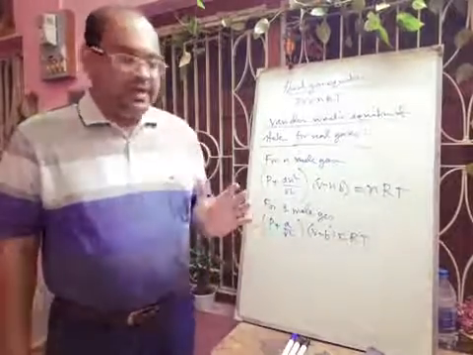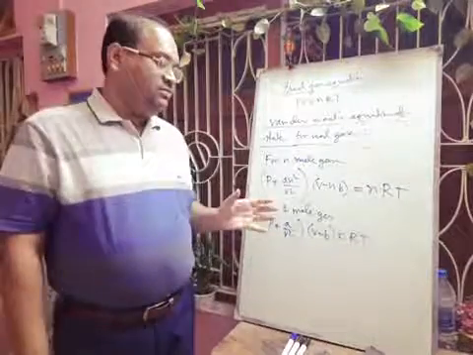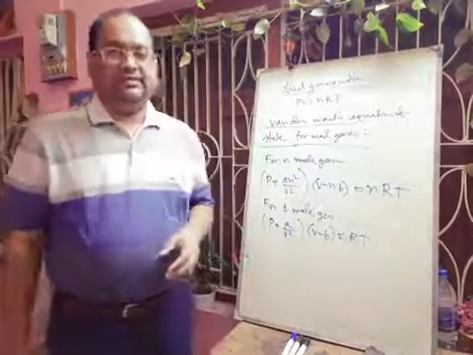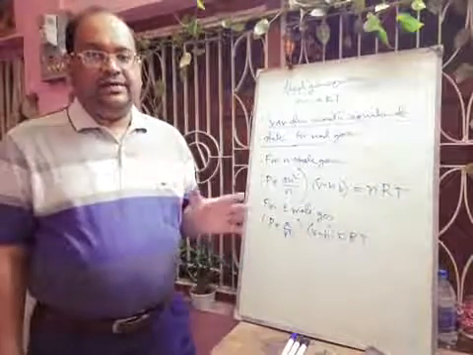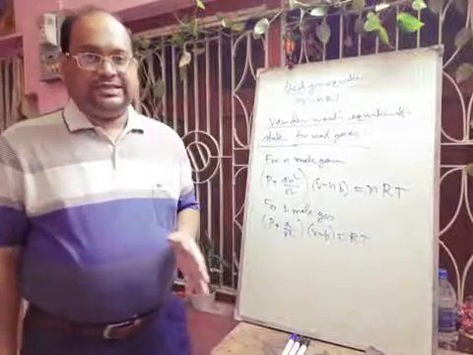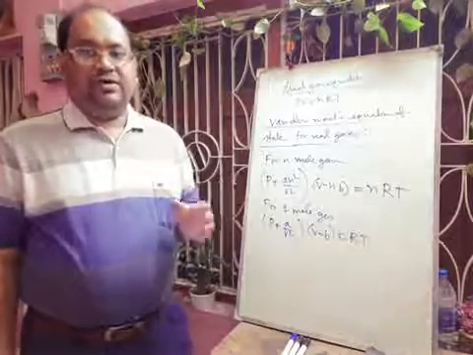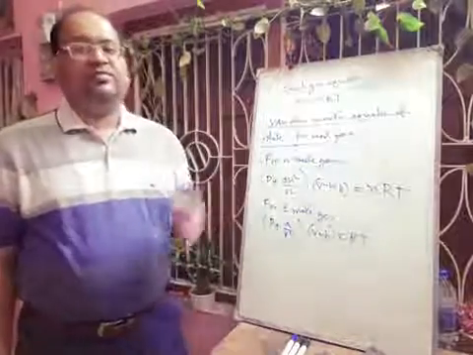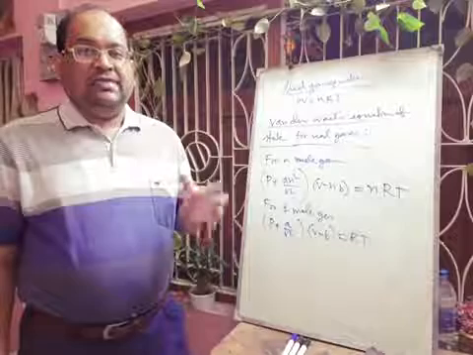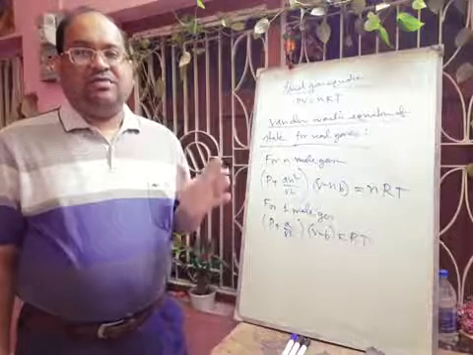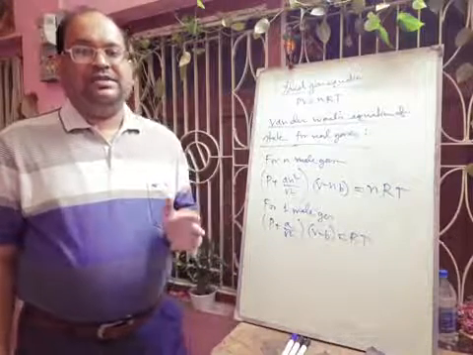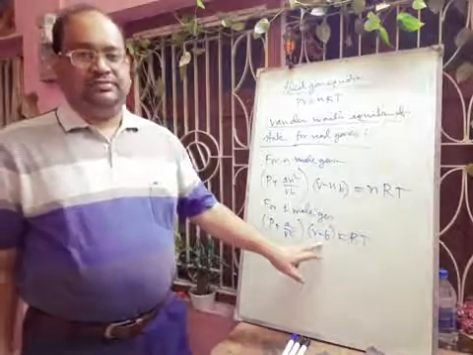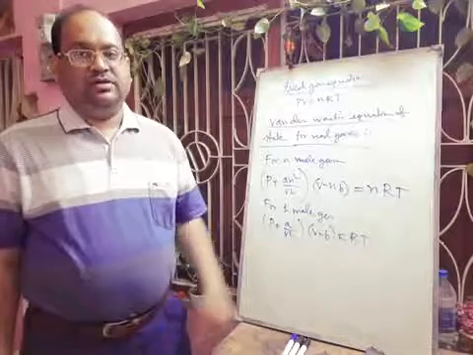In case of real gas, their molecules have some volume, which is not negligible compared to the volume of the gas, and that is why the actual volume of the gas will be less than the volume of the container, because the space occupied by the gas molecules for themselves is not available for movement of the other gas particles. Van der Waals simply replaced the volume term V in the equation by the expression V minus b.